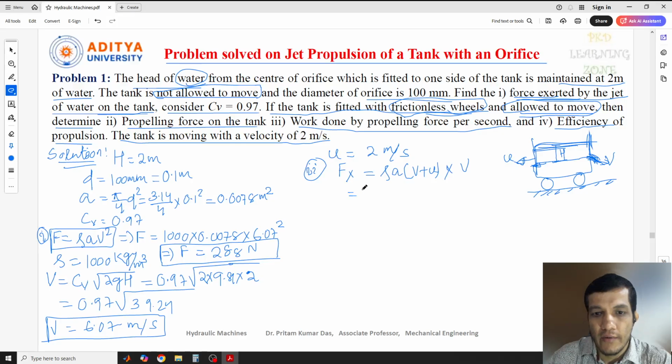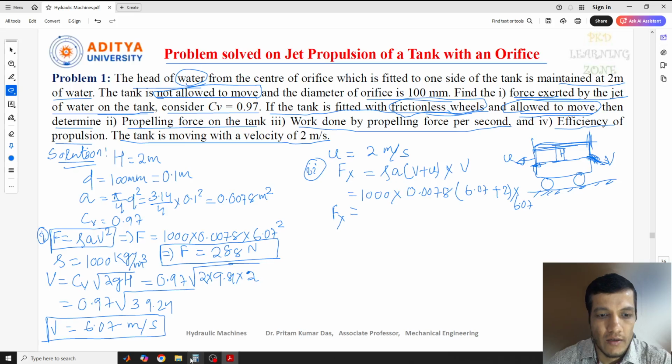So in this condition, we can write 1000 into area. The area of the orifice we have already calculated, 0.0078, and the velocity is 6.07 plus 2 into 6.07. So here we can find out the value of Fx.